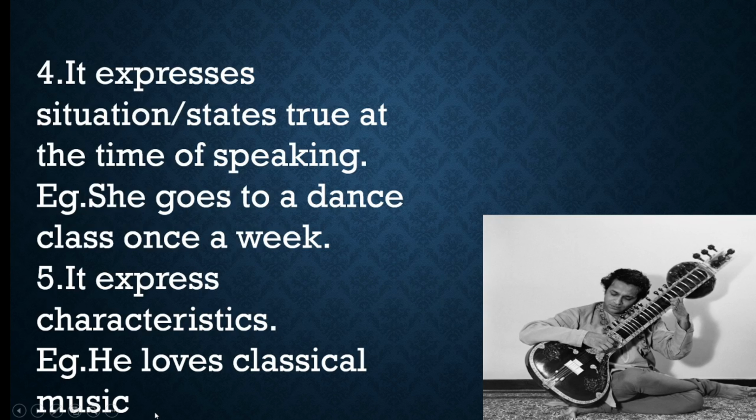He loves classical music. That's why he's sitting and playing the sitar. So these are the other two places where we use simple present tense. We already saw habit, routine, universal truth. Then a situation that's true at the time of speaking, then characteristic.